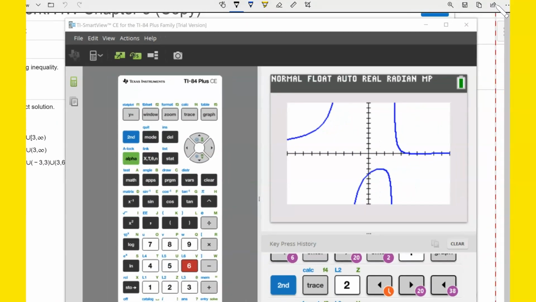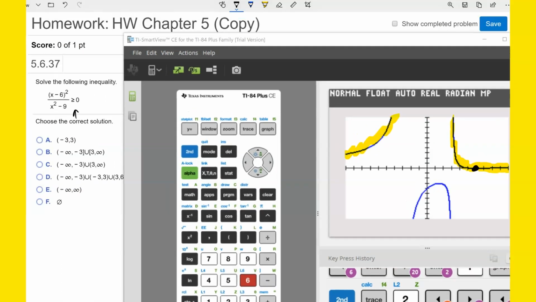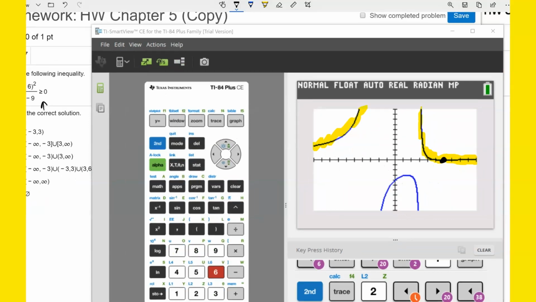Where's this thing greater than 0? Right there, and right there, and all throughout there too. It's always greater than 0, except right here. Right here it's equal to 0, but I can be either greater than or equal to 0, right? That's equal, so that actually gets counted too.